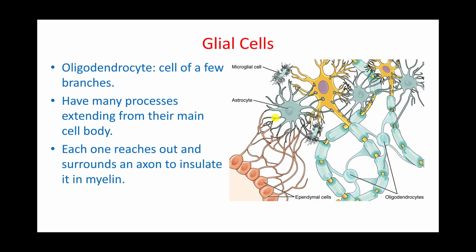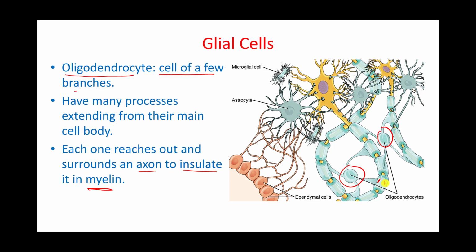The other type, or the second type, is called oligodendrocytes. The name means the cell of a few branches. These are the oligodendrocytes. The main thing about these glial cells is that they surround the axons of the neurons and insulate them with myelin. So they insulate the axons with myelin.